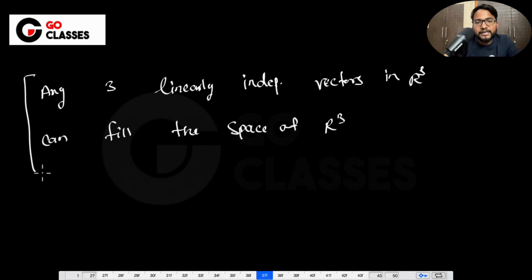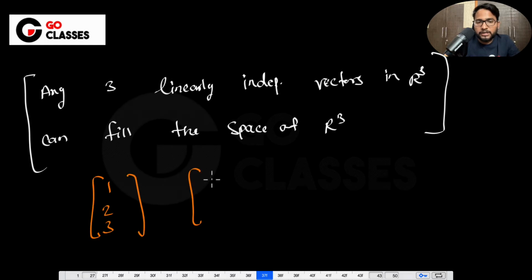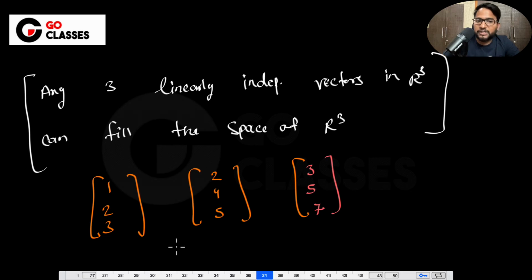Okay, any three linearly independent vectors, which means, let's suppose I say 1 2 3, another is, let's suppose, 2 4 5, another is, let's suppose, 3 5 7. Actually, I do not know whether these three are linearly independent or not. I need to check using the rank and all.